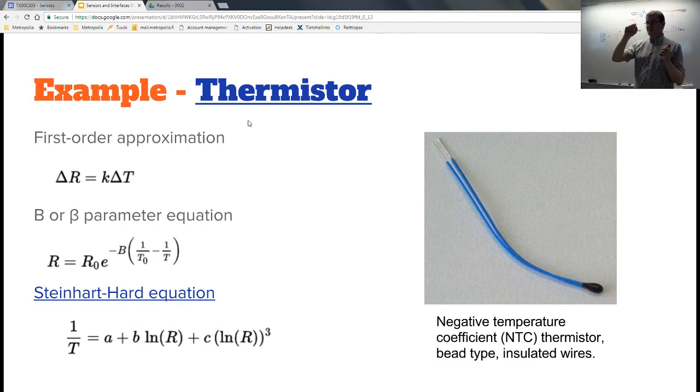Both thermistor types exist. So if you are looking for a thermistor type of sensor, you need to be quite careful when you are selecting it, that you know whether it is NTC or PTC, and then also what is the range where it actually functions. And the range where it actually functions means where that first approximation is actually valid.